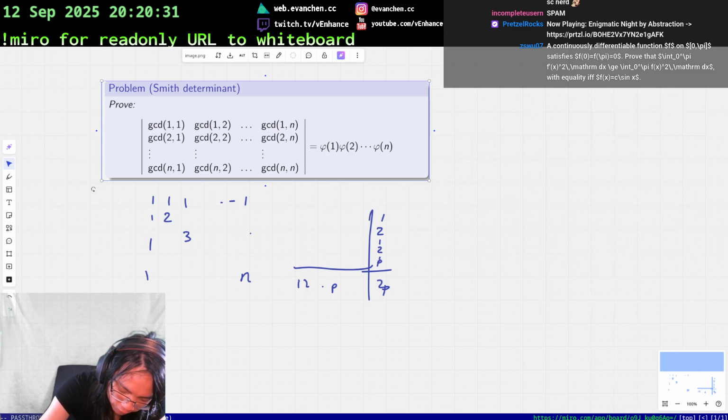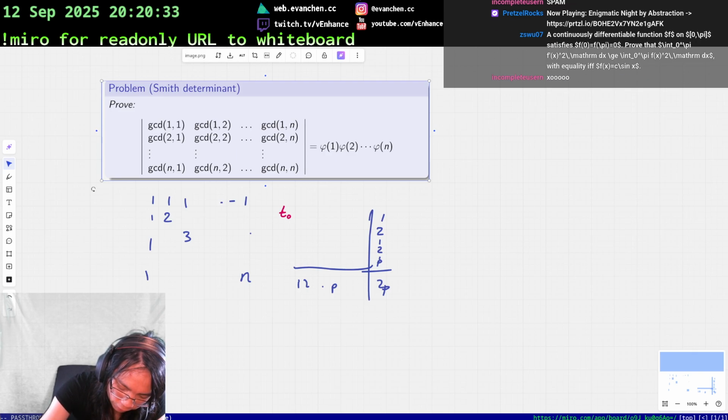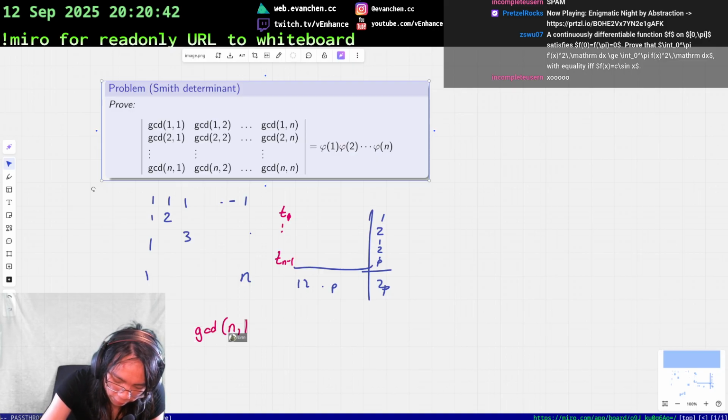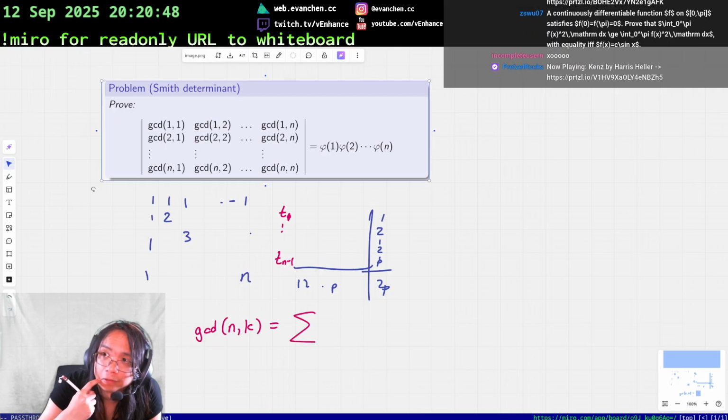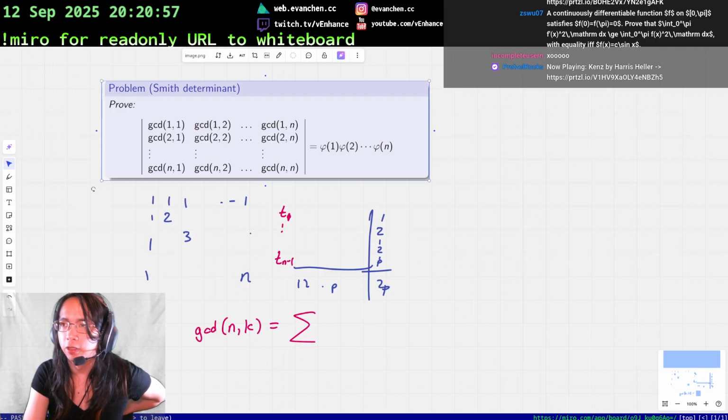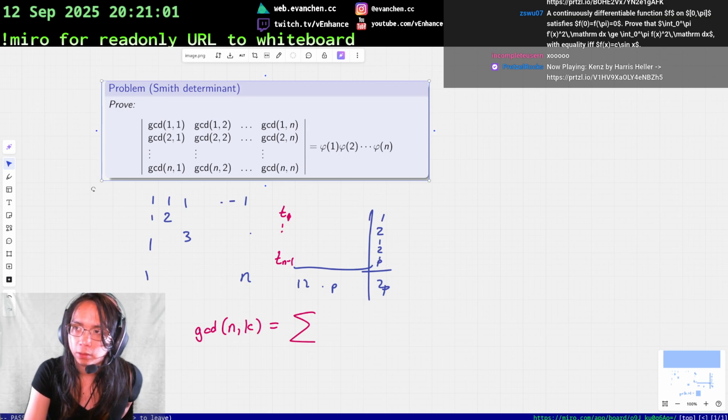I want some linear combination of the rows t1 through tn minus 1 such that GCD of n comma k is equal to the sum... Like what combination of the things on the top gives the bottom row? So for example, if n is prime, then it's really easy. You subtract the top row once. It's like 1, 0, 1s and then all zeros, and then you're good.